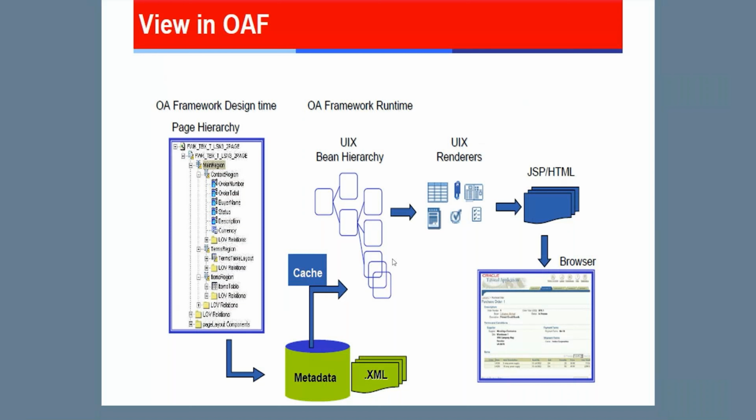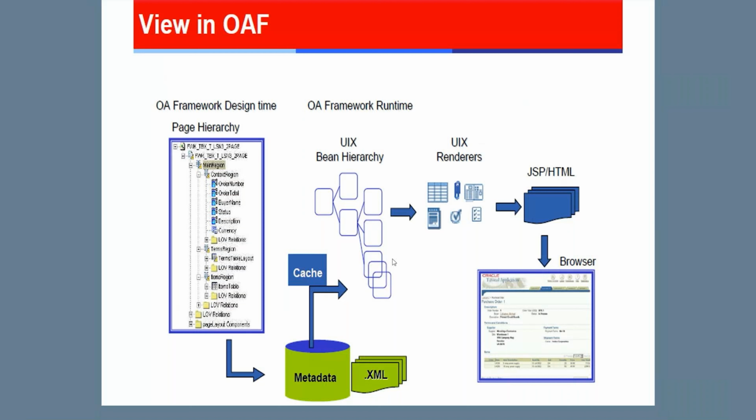There are many styles of regions, many styles of items. Depending on our requirement and on how we want to design the page, we have to use a particular region style or particular item style, make use of these beans, and design the page accordingly.